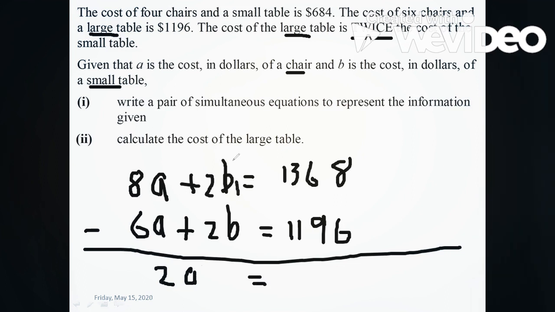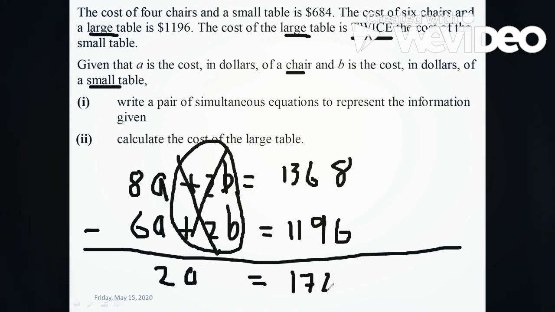So I just got rid of 2b, easy like that. It's out. I subtract these two now, and that will give us 172. We divide both sides by 2, and we get a equal to 86.